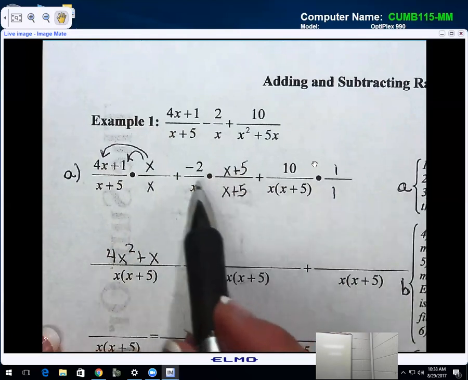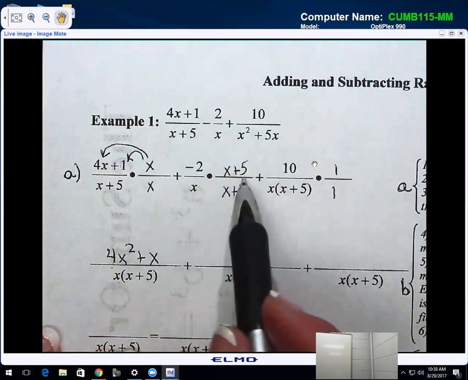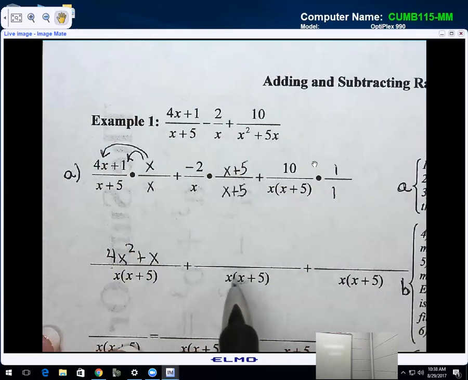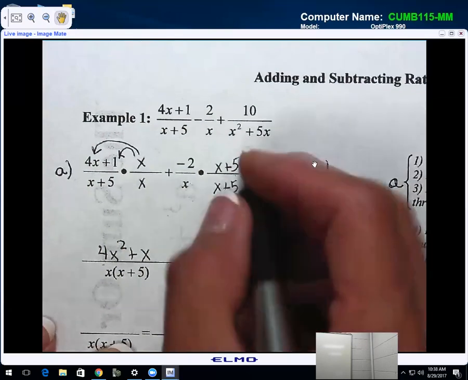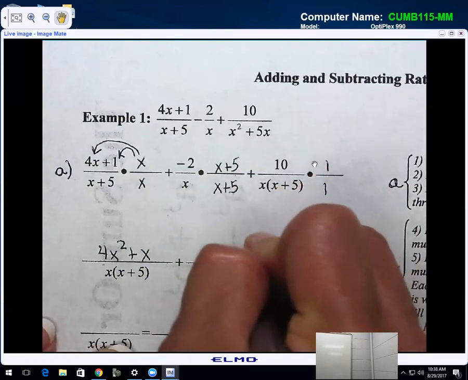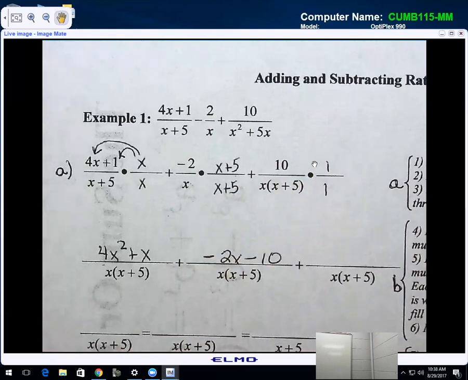When you distribute -2 through x plus 5, what does the second numerator become? -2x minus 10. And right here is where you can see if I had left this minus out in front of the second fraction, I might accidentally have -2x plus 10 here.